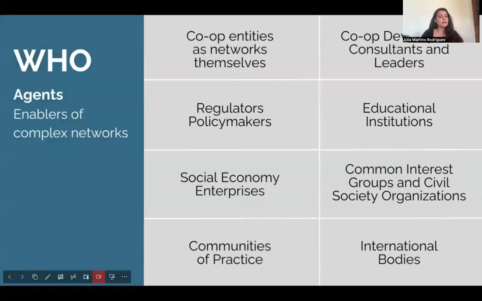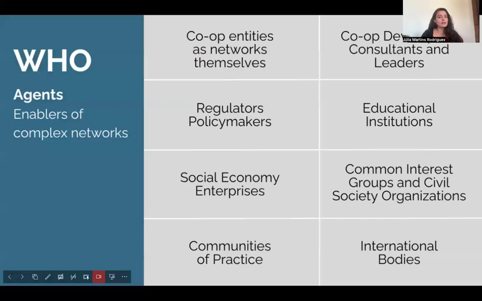While they are the main drivers of this process, creating complex networks within a cooperative economy requires the involvement and support of many partners. The who, or agents, who are the enablers of the network. The more complex the network, the greater the diversity of ecosystem partners needed to sustain it.